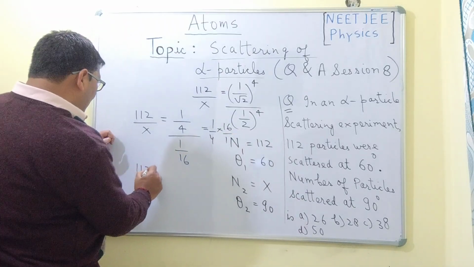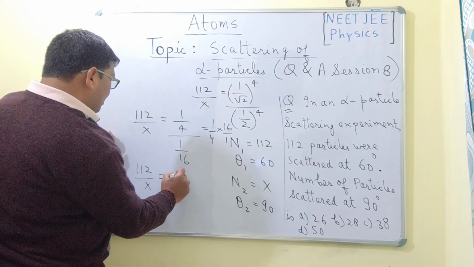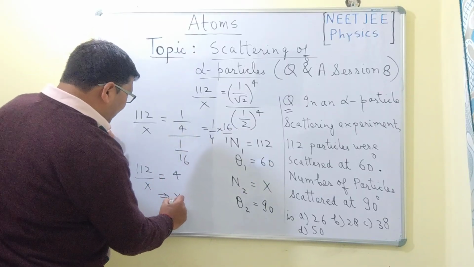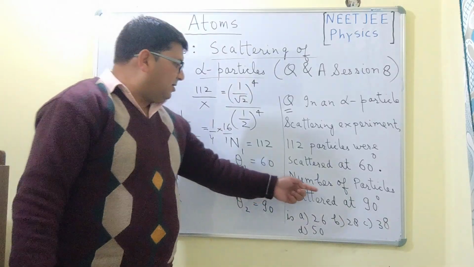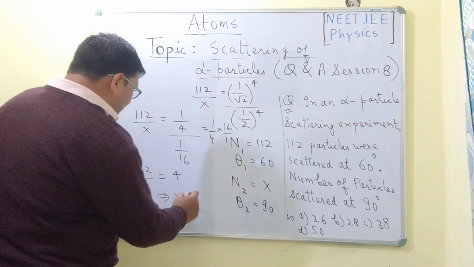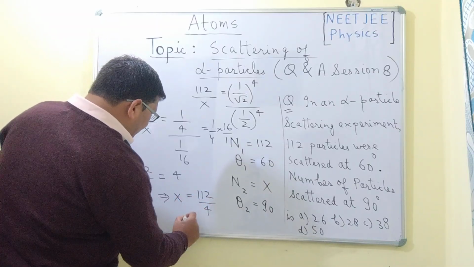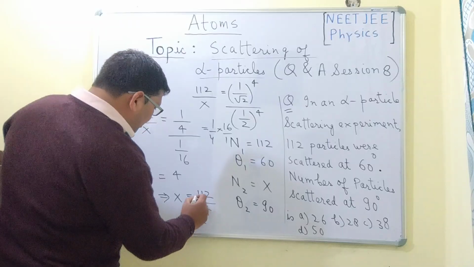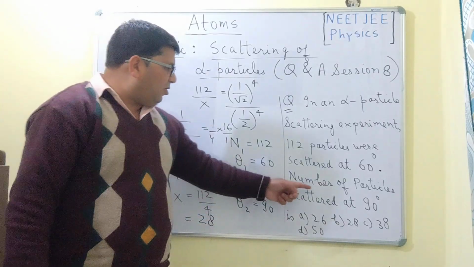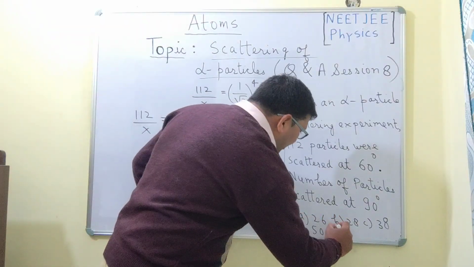So 112 upon x is equal to 4. From here it implies that x, which is the number of alpha particles scattered at 90 degrees, is equal to 112 by 4, and this is equal to 28. So the number of alpha particles scattered at 90 degrees will be equal to 28 and the correct option is B.